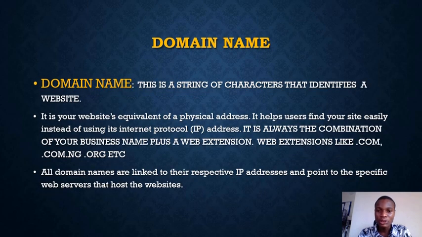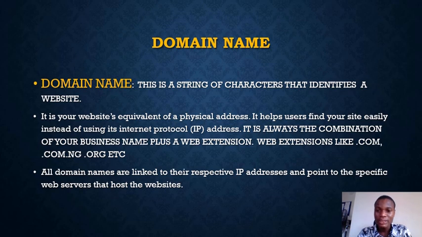Now let's go to domain name. Since a domain name is a string of characters that identifies a website, it is your website's equivalent of a physical address. So when someone knows your domain name, the person will be able to access your website easily.